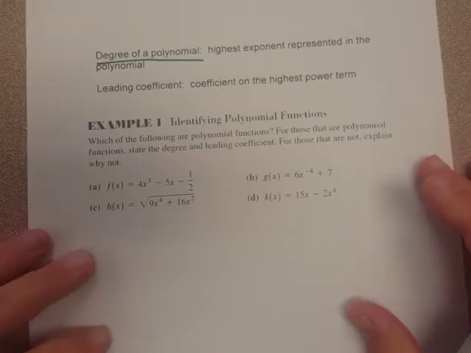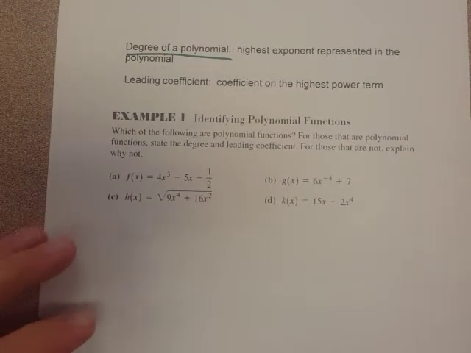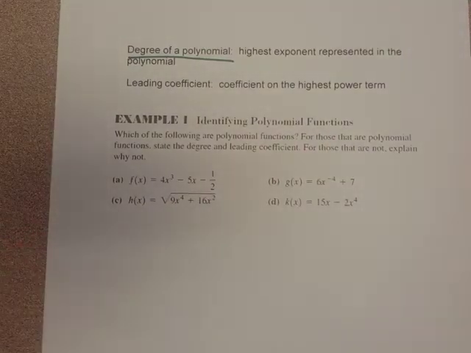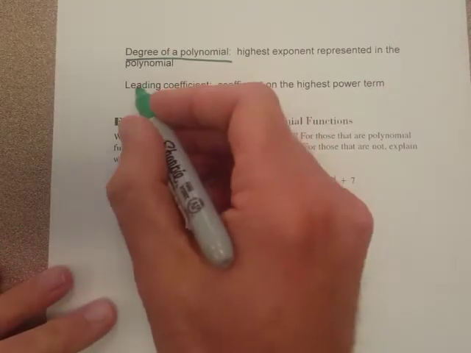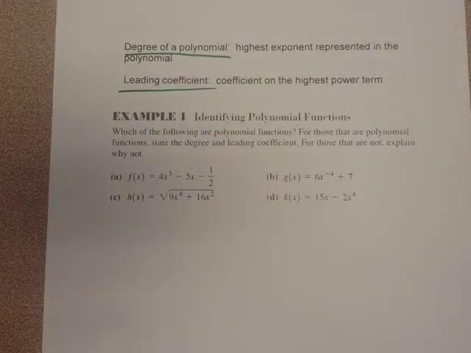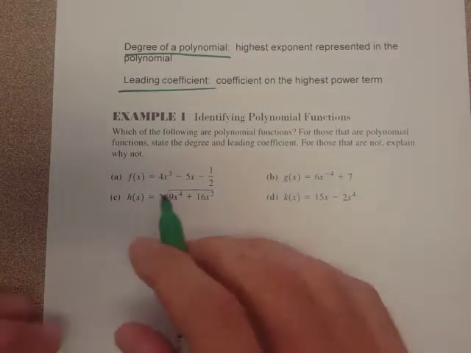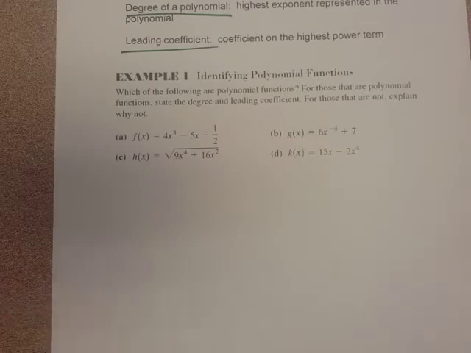And then the leading coefficient. Those two pieces are oftentimes things that are helpful to us when we're working with polynomials. So there's degree of the polynomial and leading coefficient. But let's first of all look at these examples and find which ones are polynomials, which ones are not.